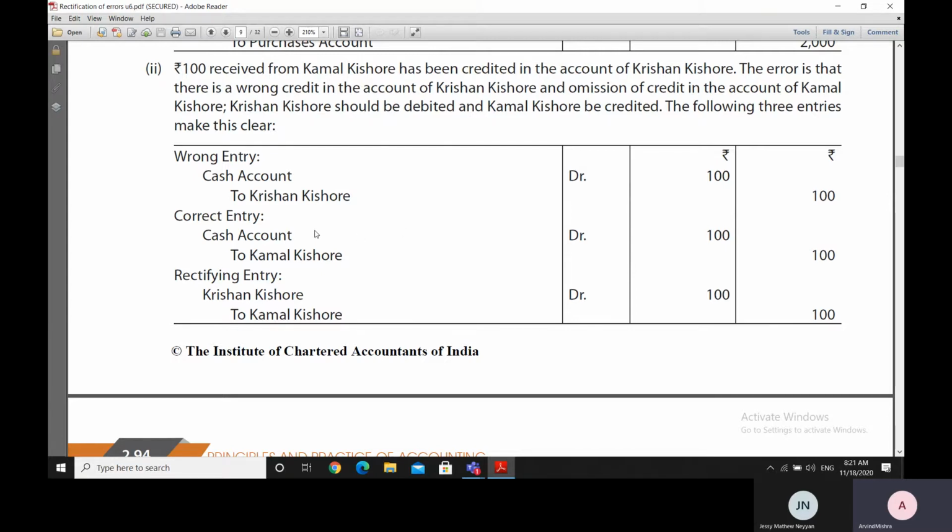The correct entry should have been debit to cash account, but credit to the Kamal Kishore account, because this was 100 rupees received from Kamal Kishore, not from Krishan Kishore. And therefore the rectifying entry is that we transfer the debit to Krishan Kishore by debiting Krishan Kishore account and crediting the Kamal Kishore account.